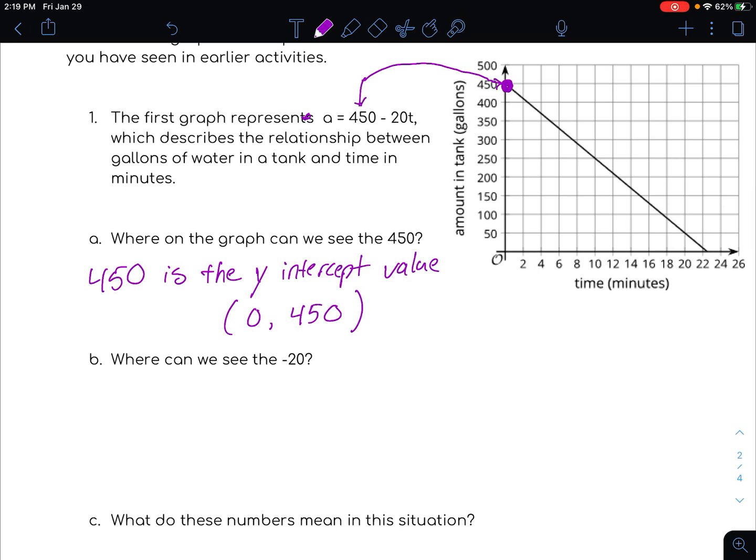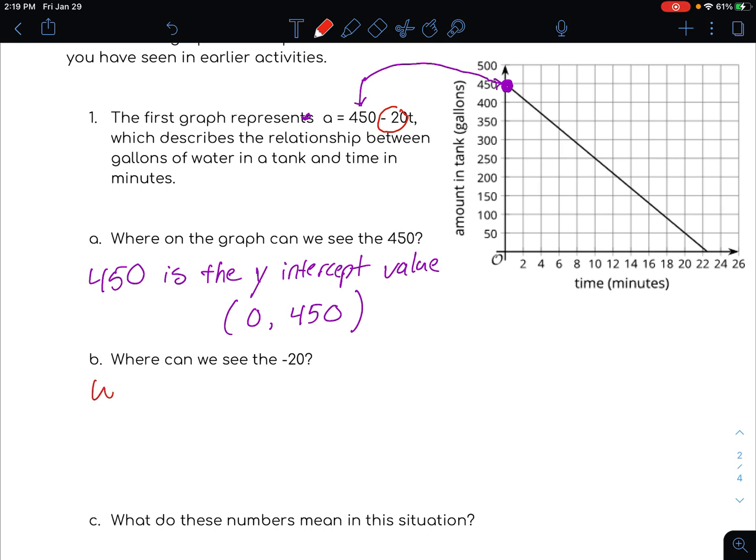Where do we see the negative 20? The 450 is pretty obvious, at least I think it's obvious. We can kind of see it there, but that negative 20 isn't as obvious. We do know that it is the rate of change or the slope of our graph, because we see that linear equation and that number is in front of the variable, which is the spot where the slope usually is.